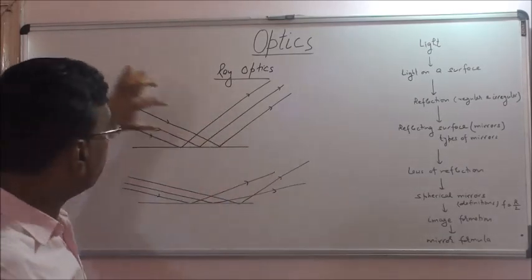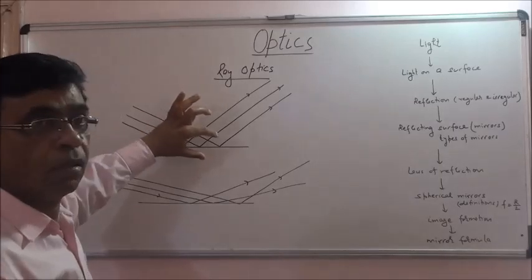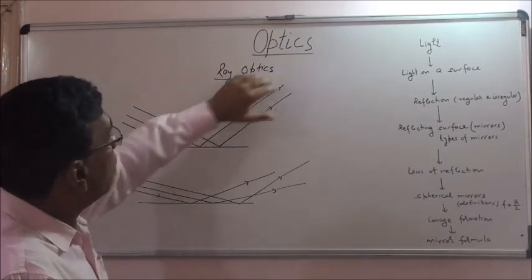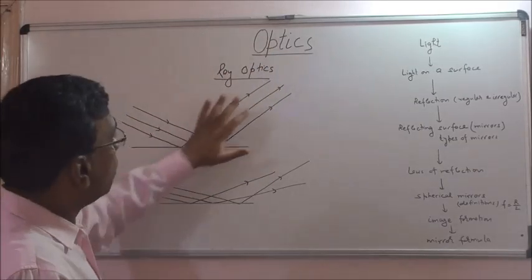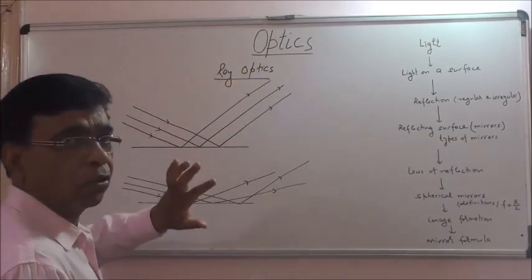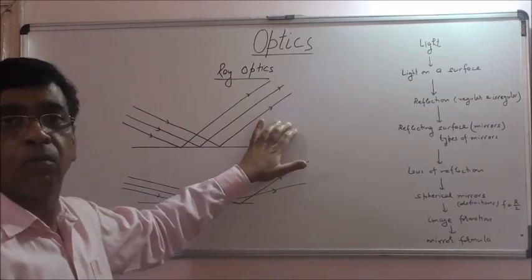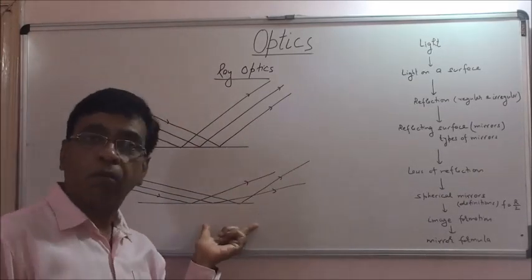Regular reflection is when a group of parallel light rays is reflected in the same way. The reflected rays are also parallel and the incident ones are also parallel. So this one will be regular reflection. This is irregular reflection.